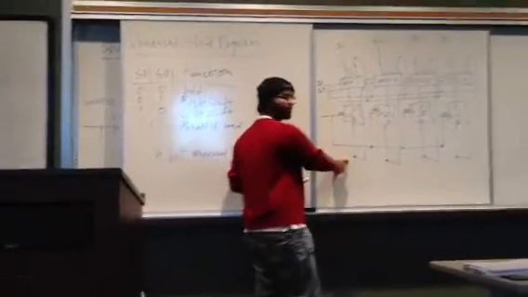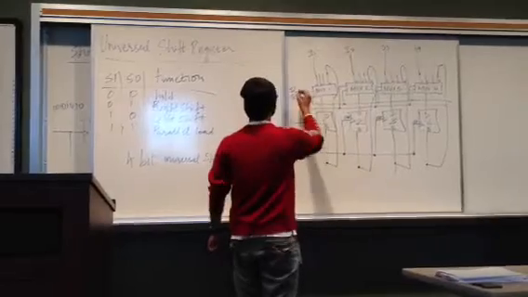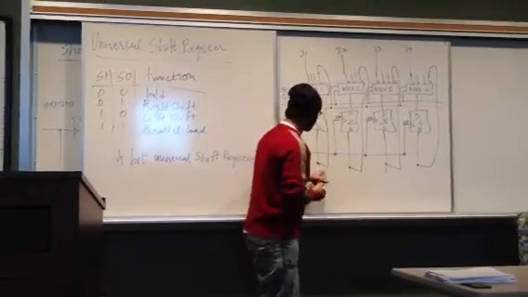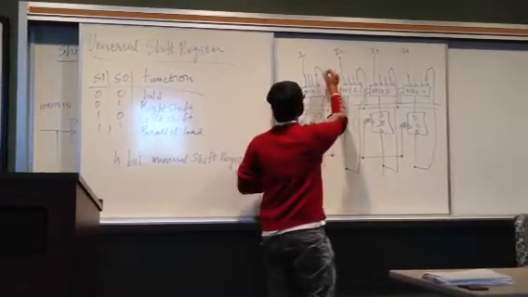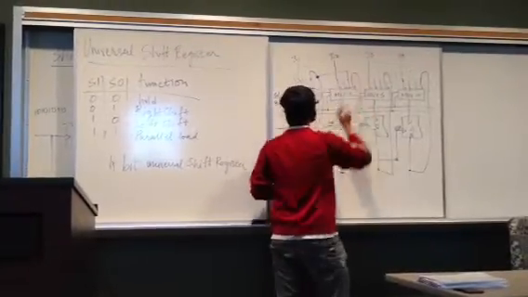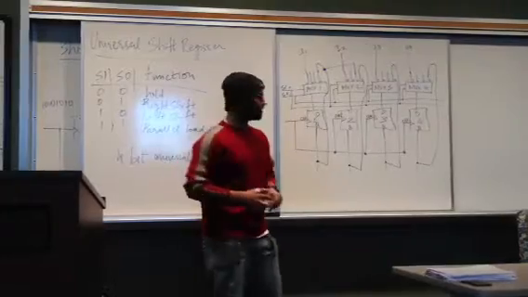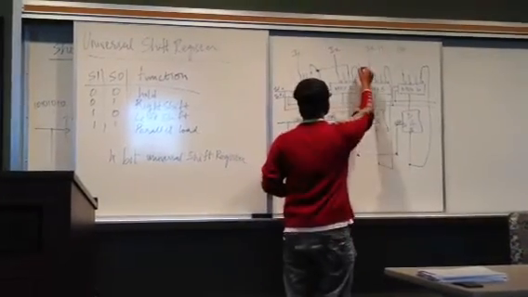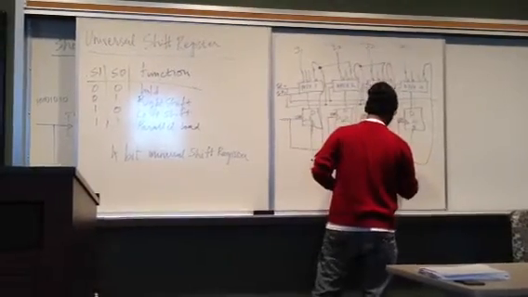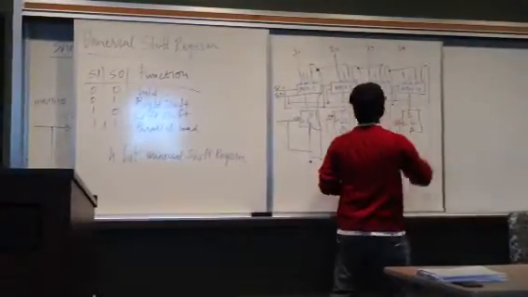The output of this flip-flop should be connected to the input of this flip-flop. The output of this flip-flop should be connected to the input of this flip-flop. The output of this flip-flop should be connected to the input of this flip-flop.